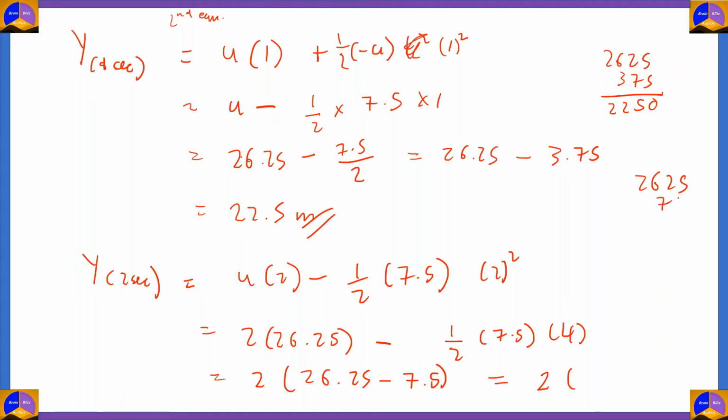So we got the value of 2625 minus 750 as 18.75. So it is 2 times 18.75. So when we multiply that, that is 1875 times 2.